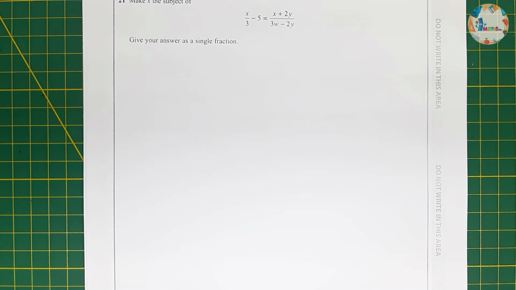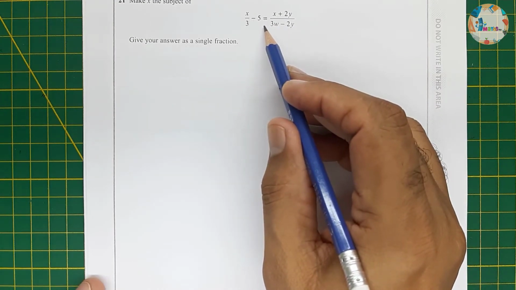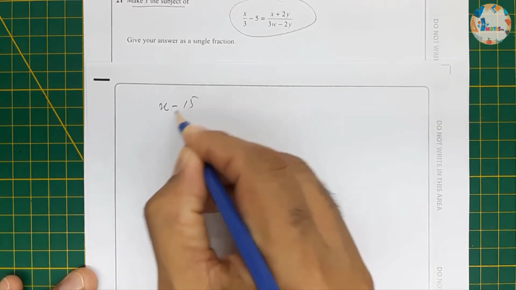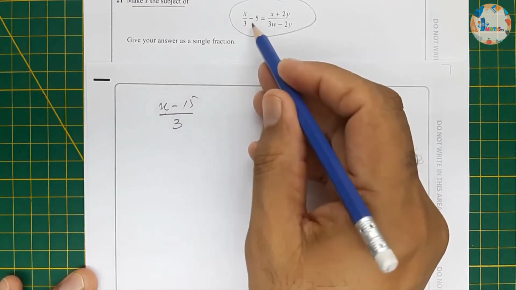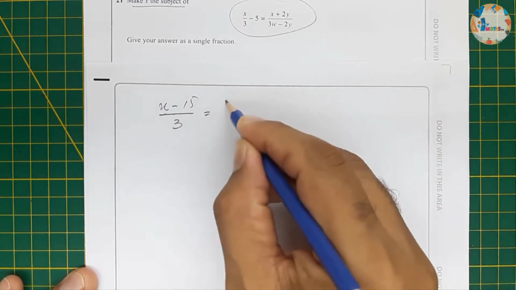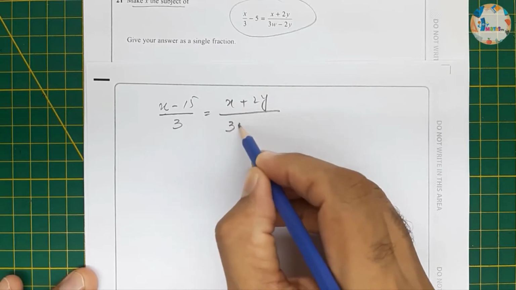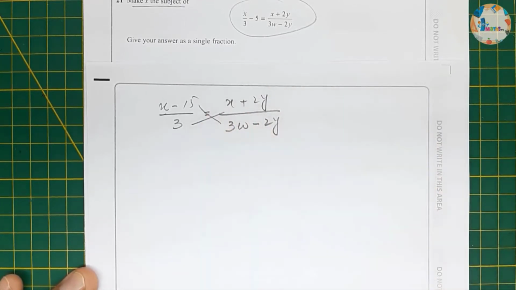Question number 21, we have to make x the subject. So to make this the subject, x minus 15 over 3 will be equal to x plus 2y over 3w minus 2y. And now we can cross multiply this.